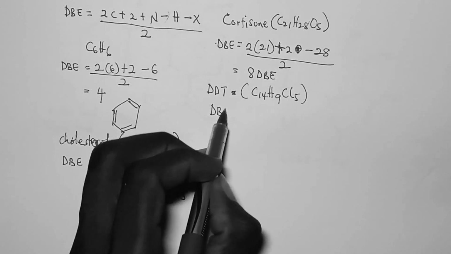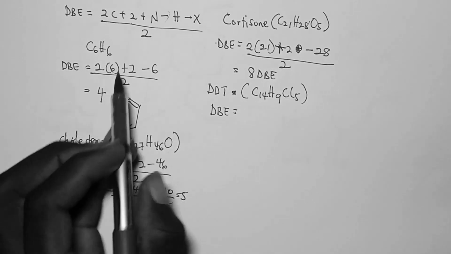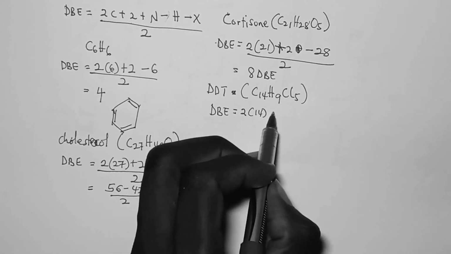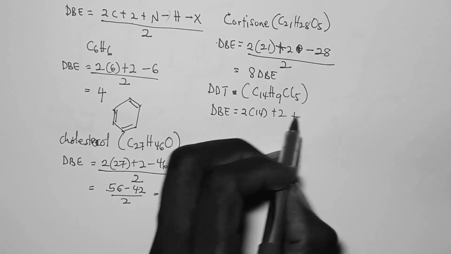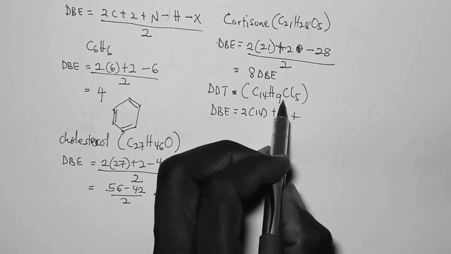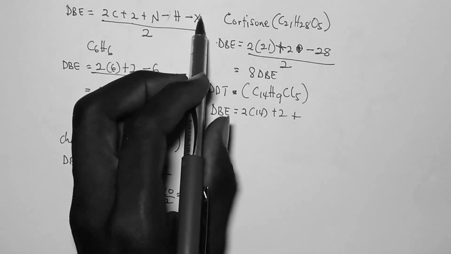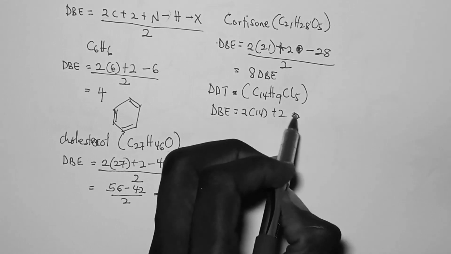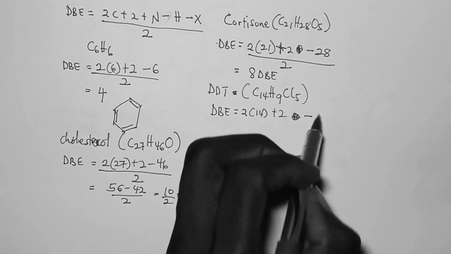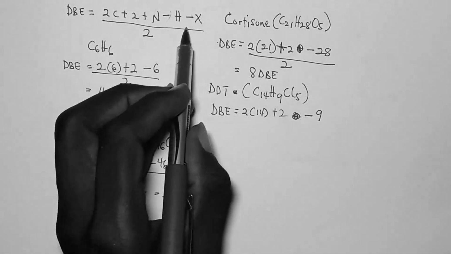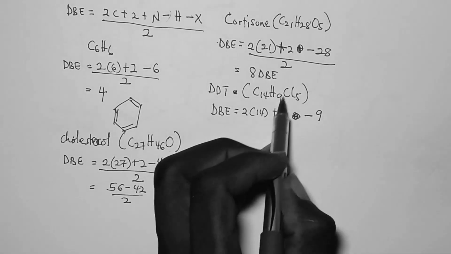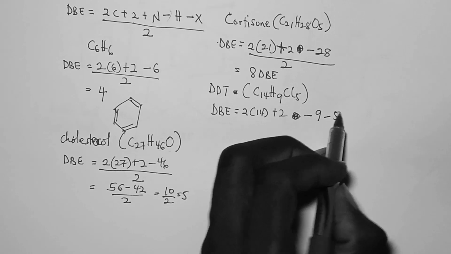So DBE is equal to 2 times the number of carbons, which is 2 times 14, plus 2, plus the number of nitrogens. Nitrogens is 0 here. Minus the number of hydrogens, so minus 9, because there are 9 protons. And then the halogens, which is X, is 5, because chlorine is a halogen, so minus 5.